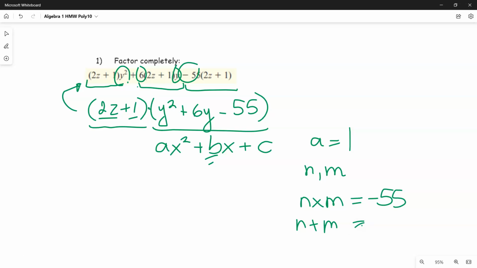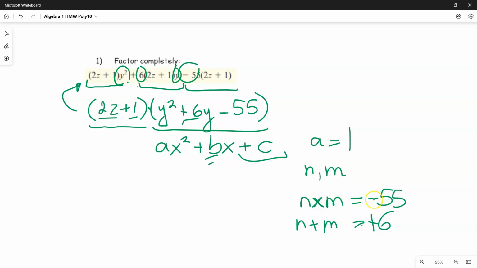In our case, that is positive 6. The second thing we can look at is the c term. If this is a perfect square, we might have a perfect square here. But 55 is not a perfect square, so we're going to look for two integers that multiply to negative 55.